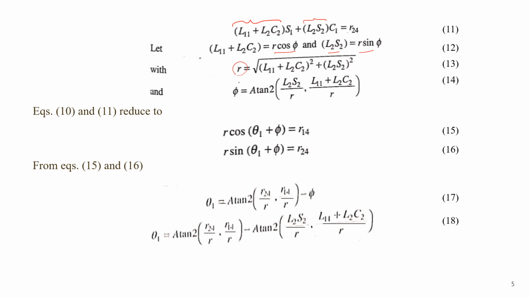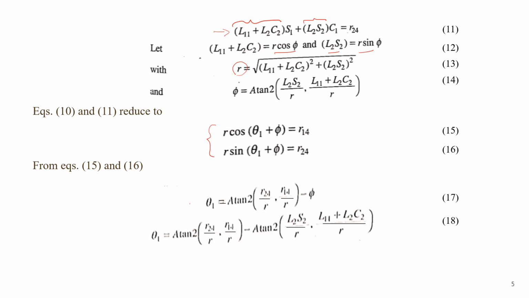So equations 10 and 11, which we have rewritten, can both be reduced to this form: r cos of theta 1 plus phi equal to r14 and r sin of theta 1 plus phi equal to r24. This is according to the trigonometric identity. From these two equations you can get theta 1.